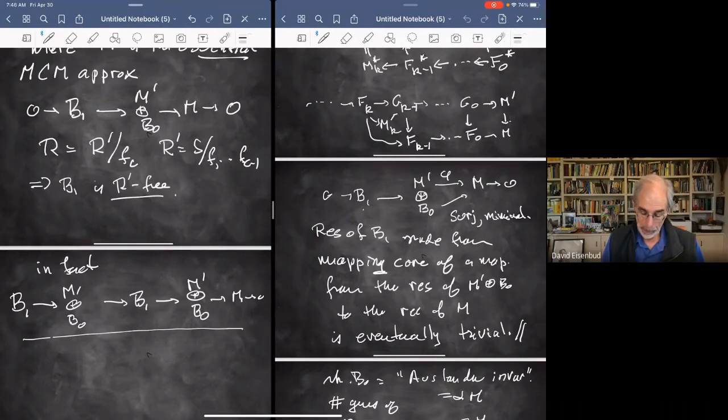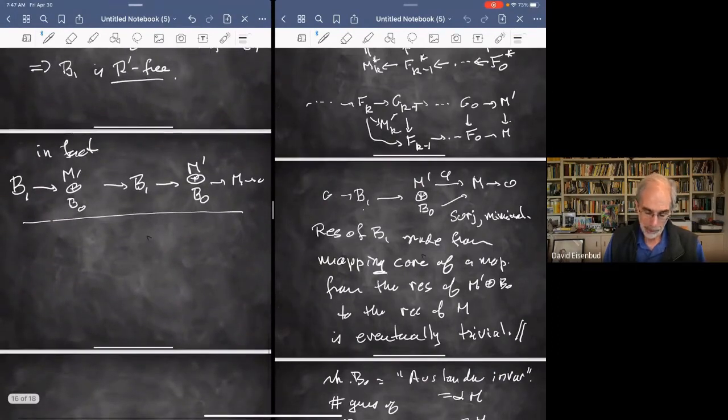And I could build a resolution out of it by taking S-free resolutions of M prime and B naught and building an infinite double complex out of this, and then taking the total complex. That would give me a resolution 2. And actually, it's the same resolution that I'm going to construct for you in a more concrete way. But that's a possibility.